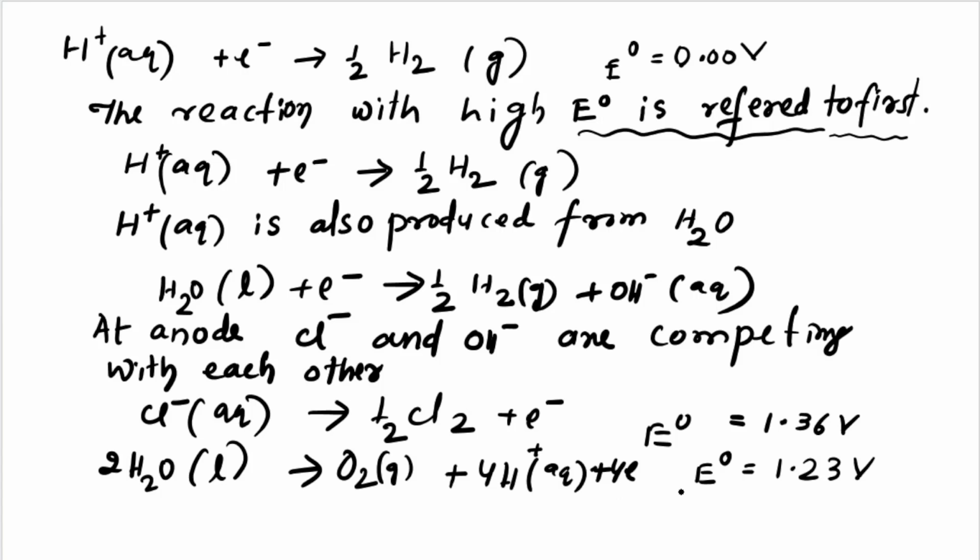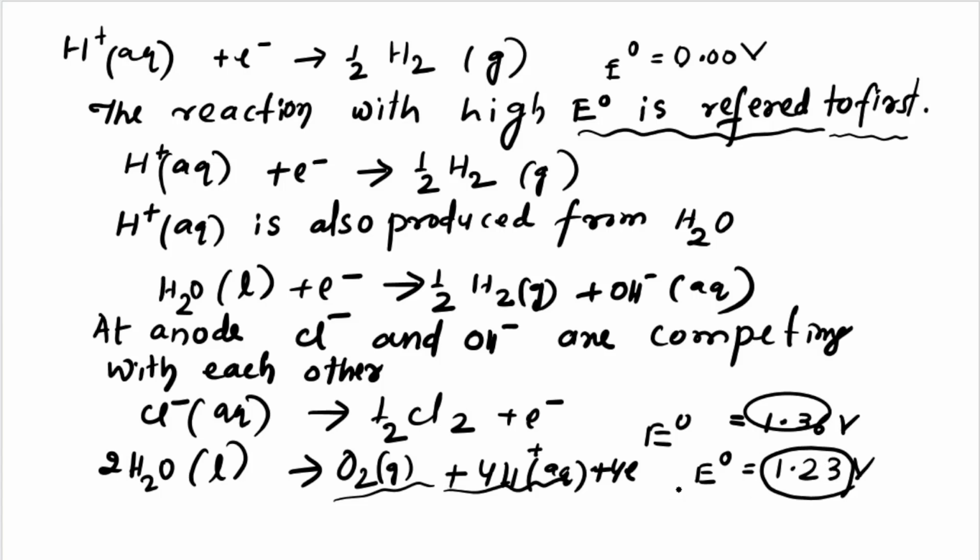Then what is the standard electrode potential of this reaction? This reaction has E0 equal to 1.23 volts. Here the E0 potential is 1.23, which is lower.